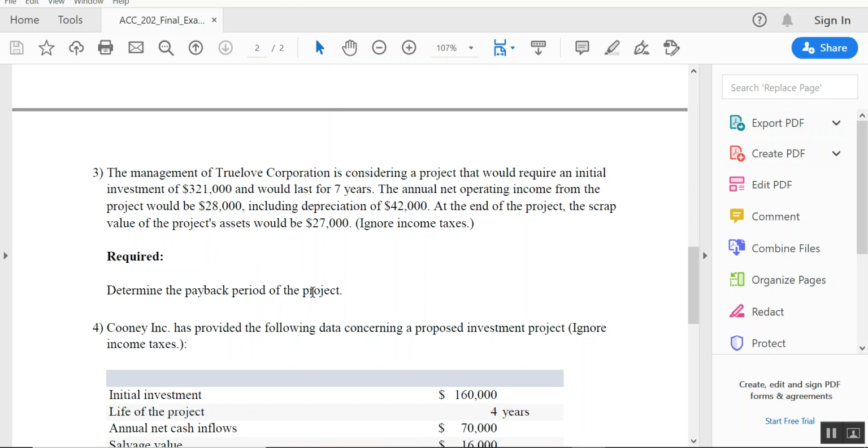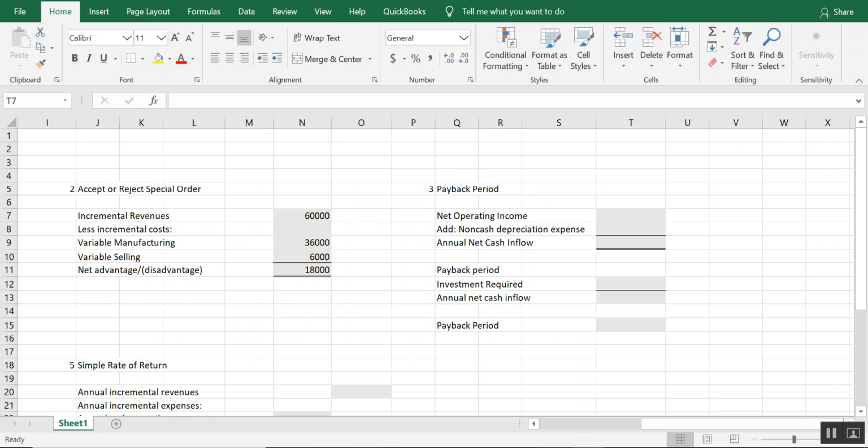Well, for payback period, we're not really going to look at the end of the project and consider this scrap value. We're looking at how long it takes to recover this 321 over the course of the 7 years. So the way we're going to do this is we're going to take the net operating income of 28,000.